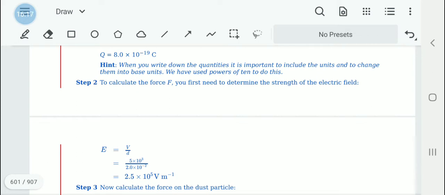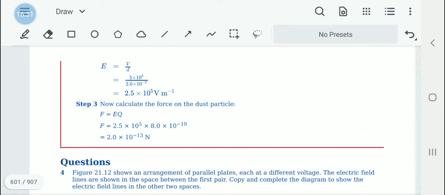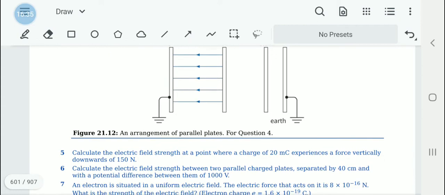That gives us 2.5 into 10 to the power 5 volts per meter. Then we have the equation F equals EQ. When we substitute into that, it gives us 2 into 10 to the power minus 13 newtons. I hope you understood. If you did not understand any part of this, please ask questions.